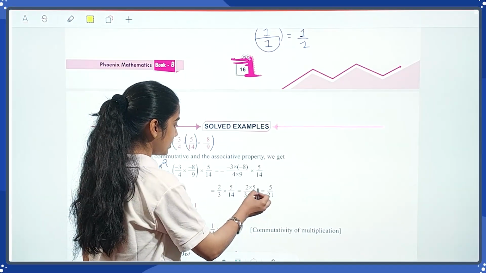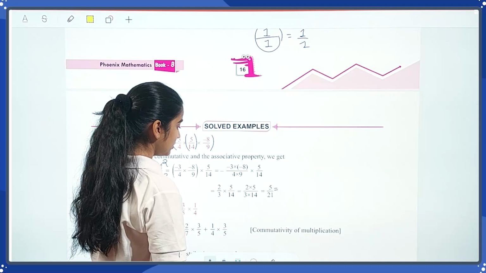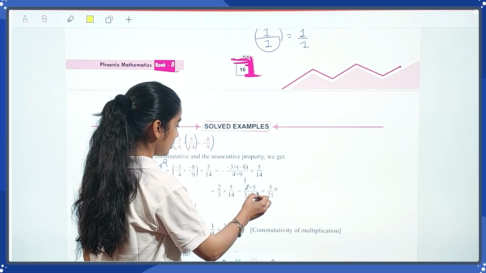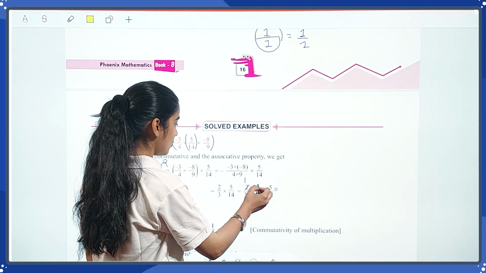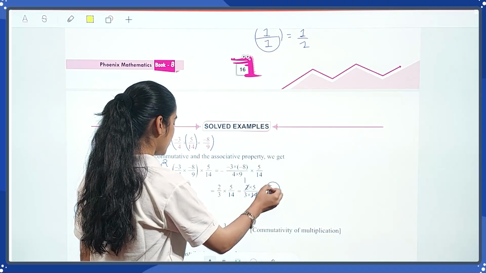So 2 5s are 10. So here you will get 1, 7. So 5 by 21 is your end result.